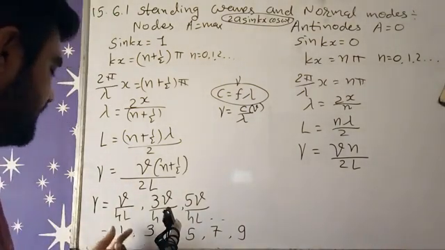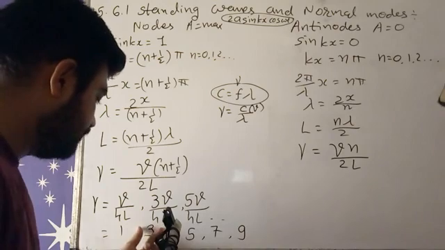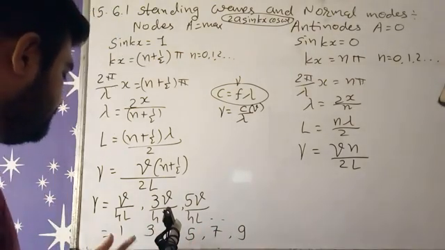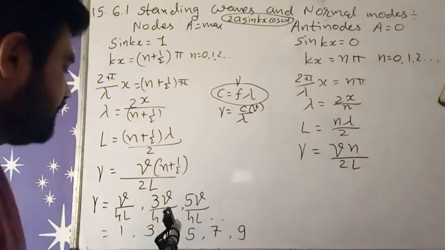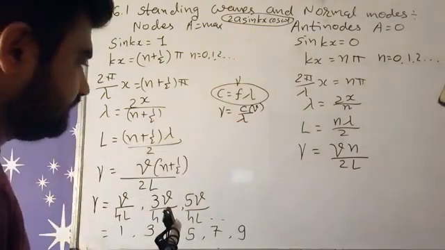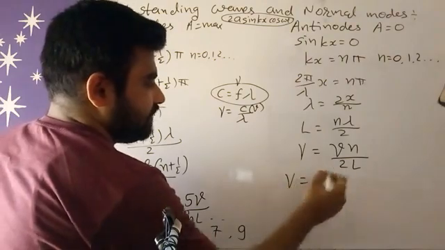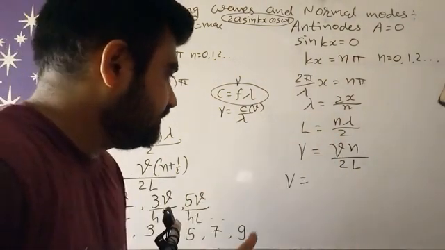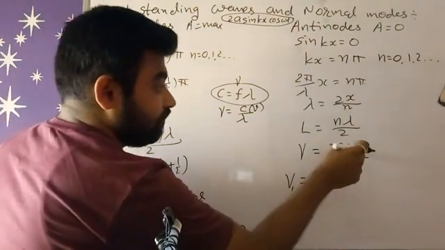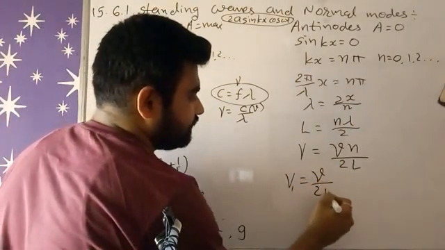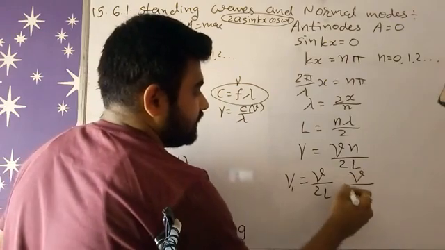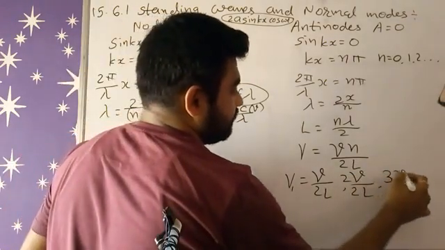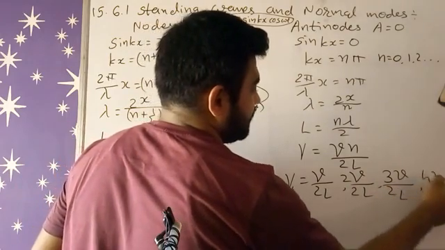So this is the fundamental, this is the first harmonic, second harmonic, third harmonic. Now for this other case, when we put n as 0 it gives 0, so we don't write it. First start from n is equal to 1, so V upon 2L. Then second is 2V upon 2L, then third is 3V upon 2L, then 4V upon 2L.